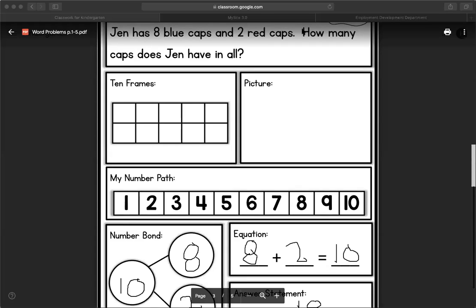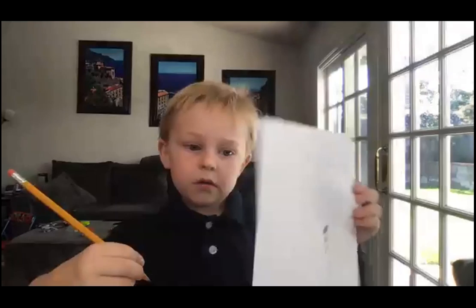Now, on the back of your paper, we are going to do more problems just using your 10 frame. So, with that being said, you're going to flip your papers to the other side, and then we are going to draw a 10 frame.